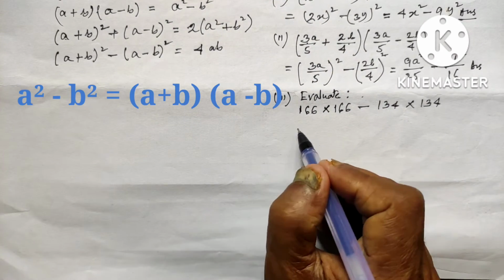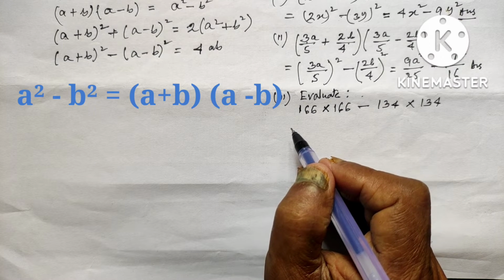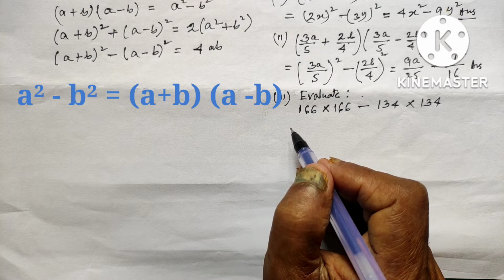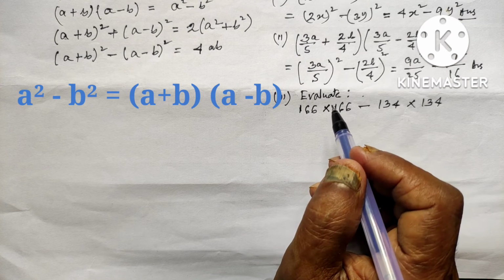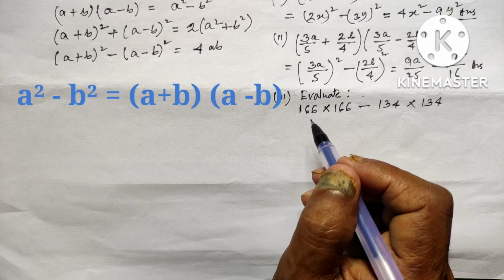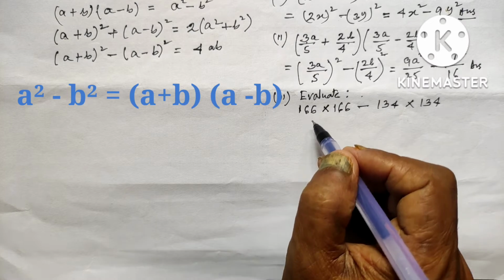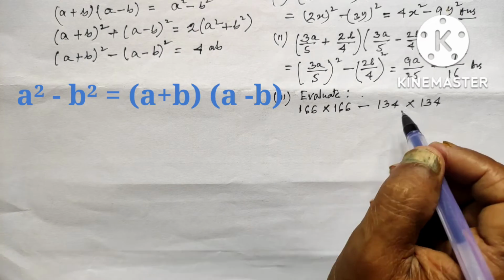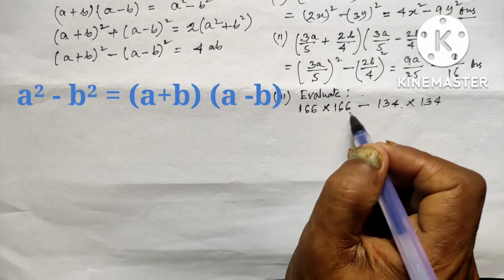So here, how will you do it? What formula are you using? You are using this one, that is (a plus b) into (a minus b). If this is a and this is b, then this is a square minus b square actually.